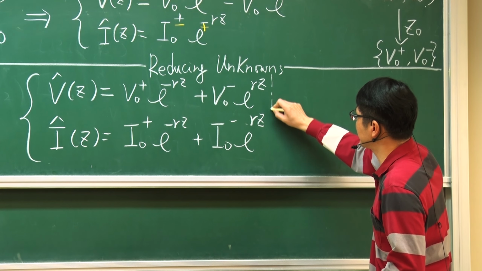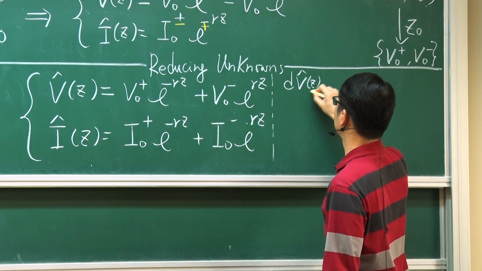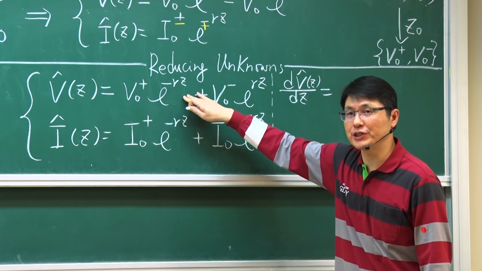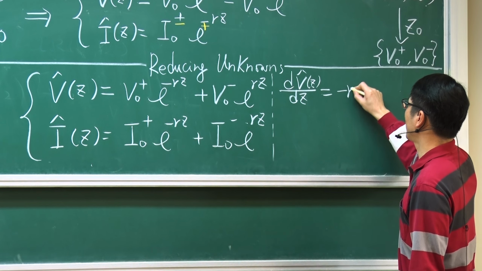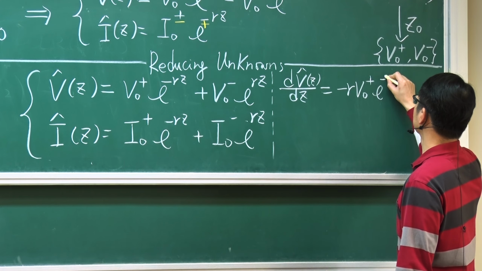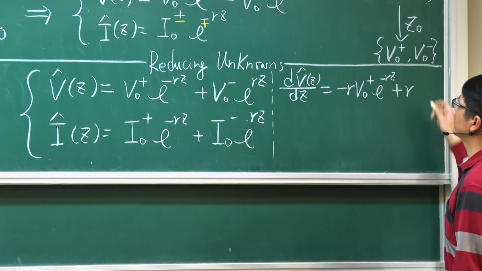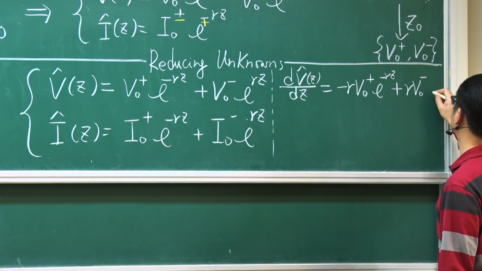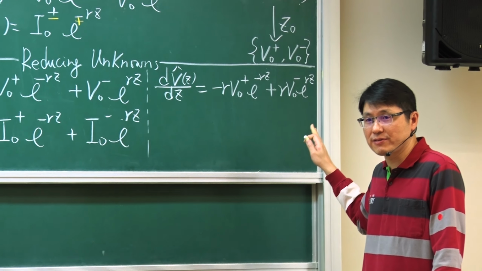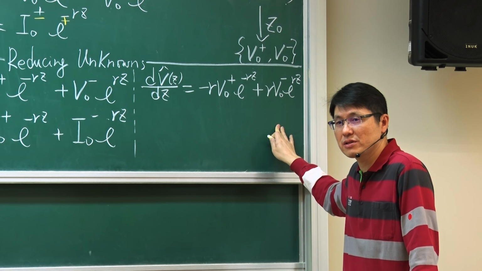So if I have enough space, dV(z)/dz equals, I'm really trying to perform a differentiation, negative gamma V0 plus e to the negative gamma z, plus gamma V0 minus e to the gamma z. I hope this is fine for you. Can you still read these letters clearly?